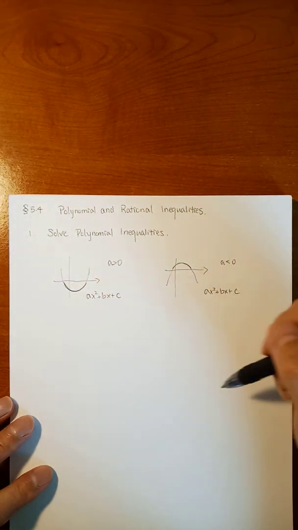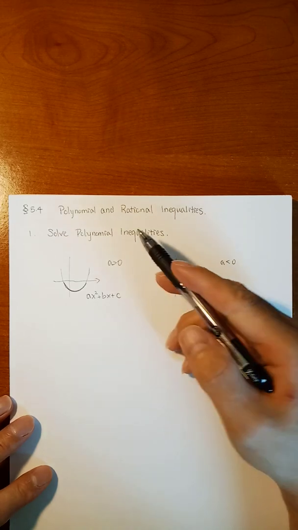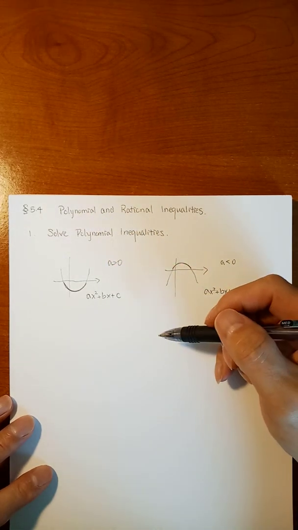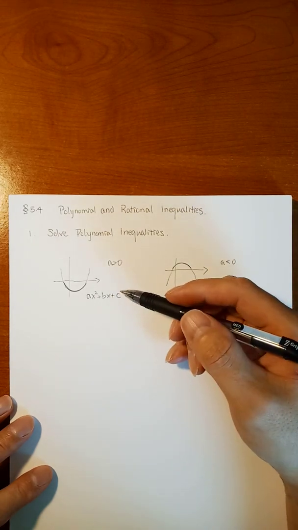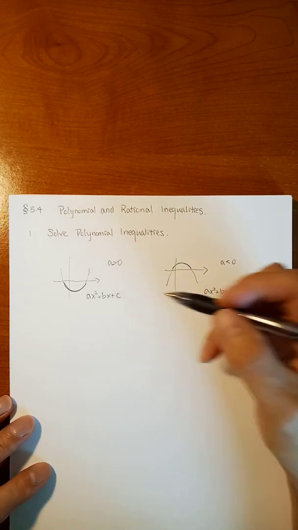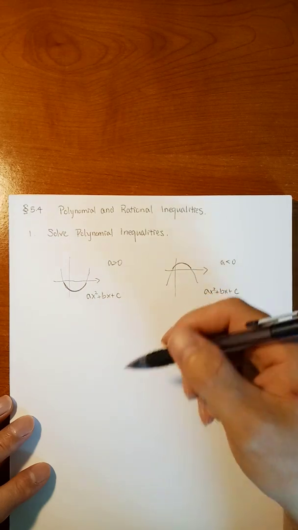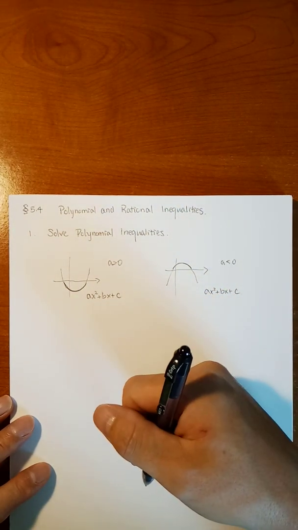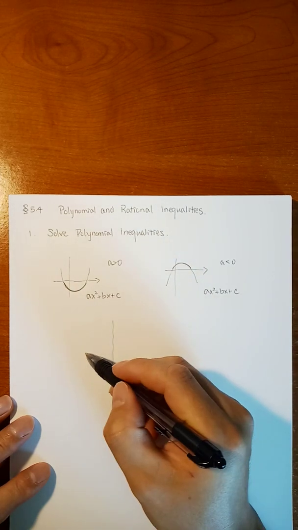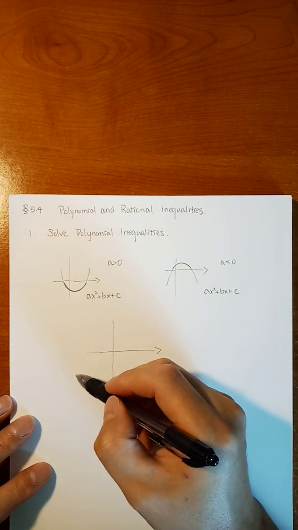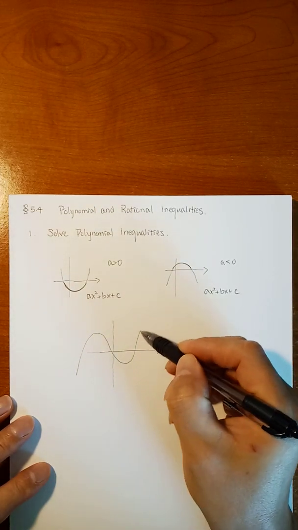This is a graph of a quadratic polynomial. If we have a general polynomial, in general, we don't know the graph of it. So we cannot memorize the graph of all polynomials. But we have an idea. The graph of the polynomial is like this, up and down.